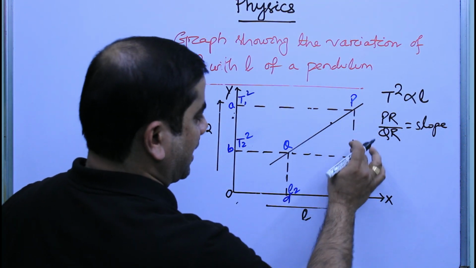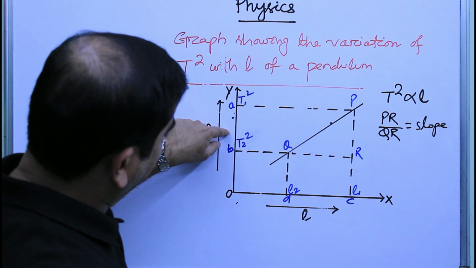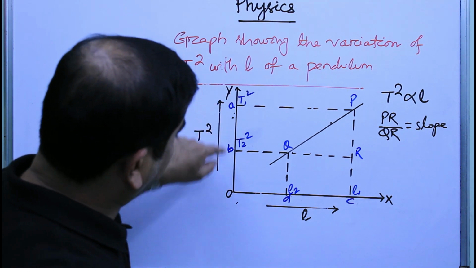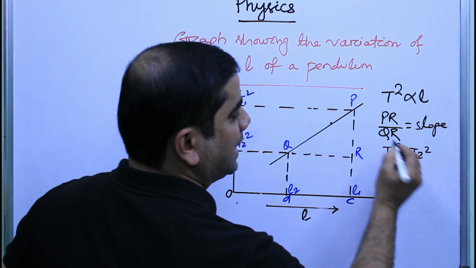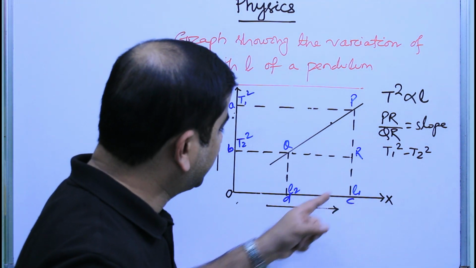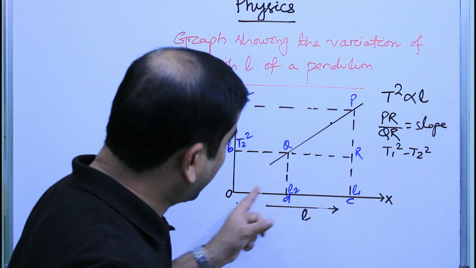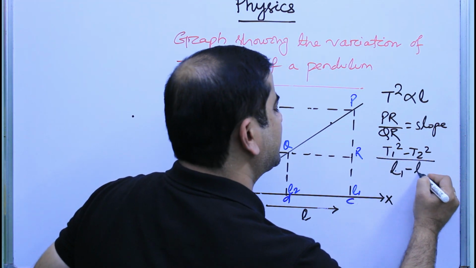See, PR coincides with AB. So what is AB? It is T1 square minus T2 square. So T1 square minus T2 square is your PR. What is QR? QR is equal to CD. So it is nothing but L1 minus L2, so divided by L1 minus L2.